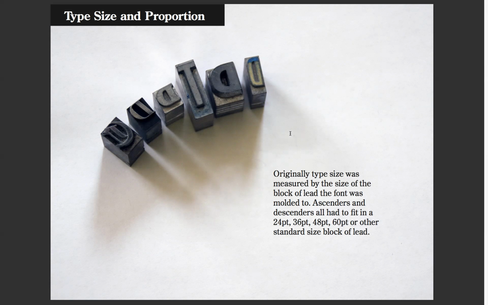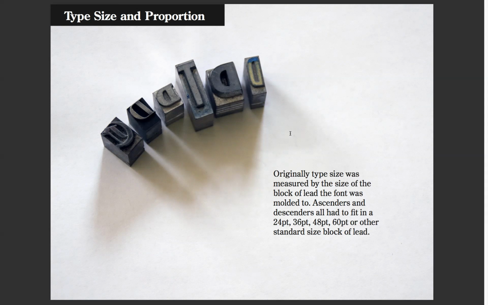So originally, when type was made out of metal, the type size was measured by the size of the block of lead that the font was molded to. And your ascenders and your descenders all had to fit on that block for it to be uniform.